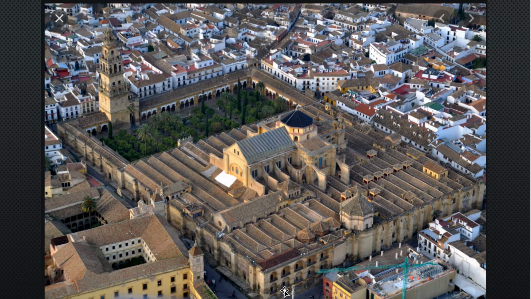So here's an aerial view now of that very mosque in Cordoba. I have a few things to tell you, and that is that it is no longer a mosque, and in fact it reflects its conversion back into a church.